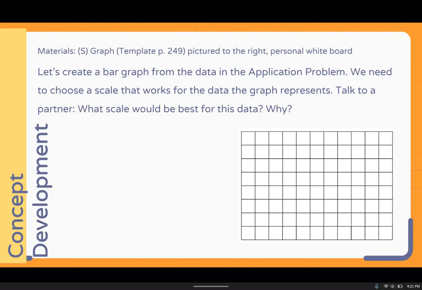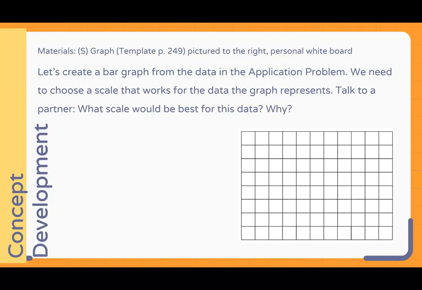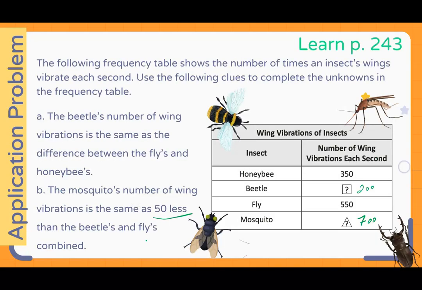So we have to figure out what scale we would use here. What they mean by scale is what numbers we would use, like if we would count by 5s, by 10s, by 20s, whatever. So I have to go back and look at my numbers. Here's my numbers. The lowest number is 200. The highest number is 700.